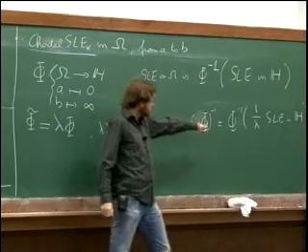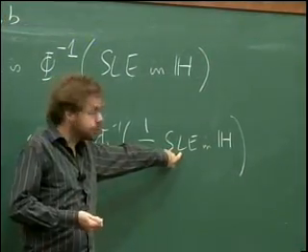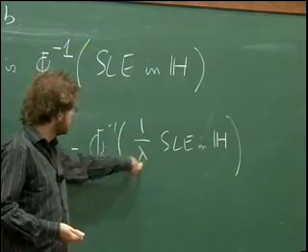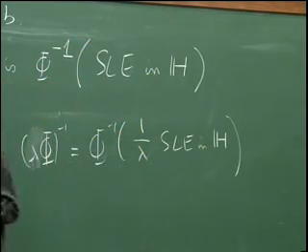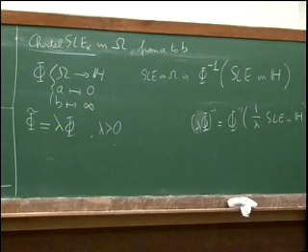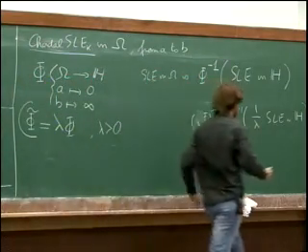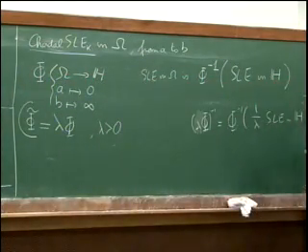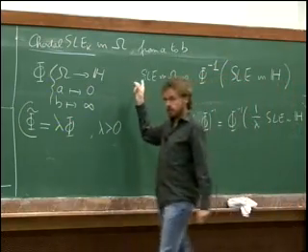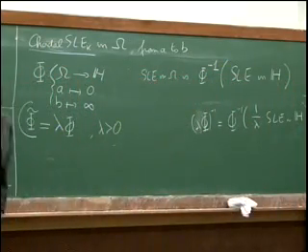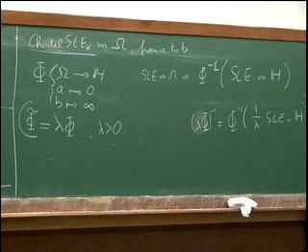But now, because we know that SLE in H is scale invariant, this 1 over lambda does not affect the law of the curve up to a time parameterization. So what you end up with is that, in fact, this definition of SLE in omega as the pullback of SLE in H by any conformal map here is well defined up to time parameterization. So that will be the definition we will use.